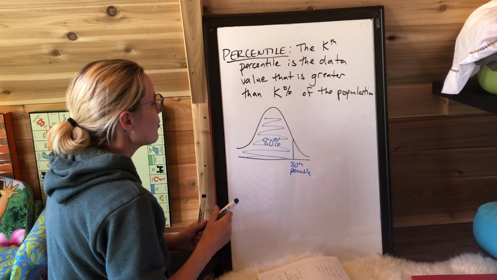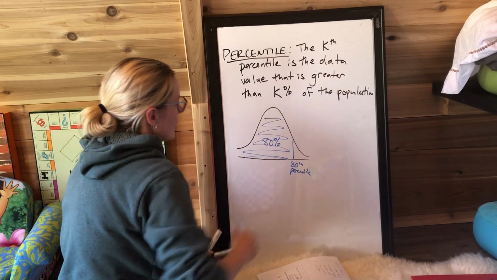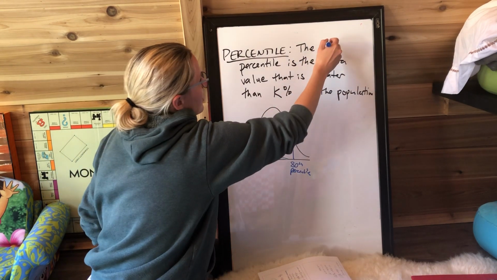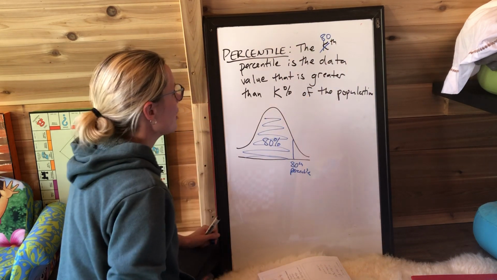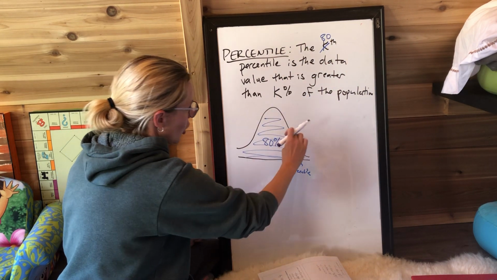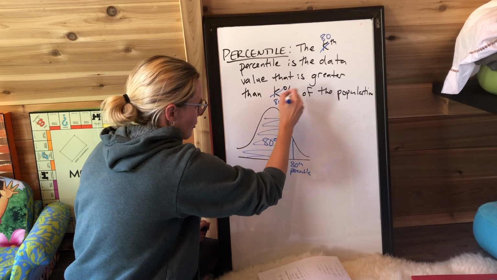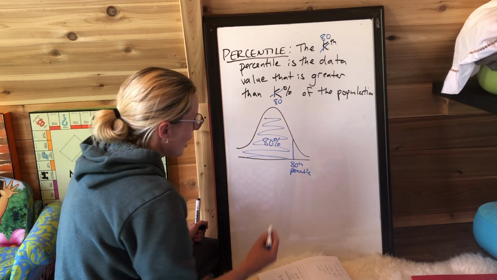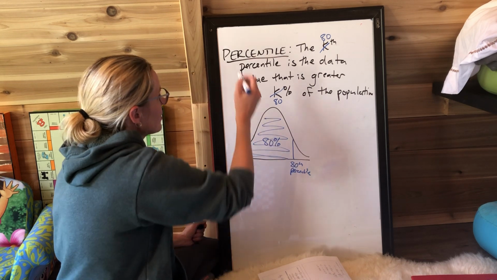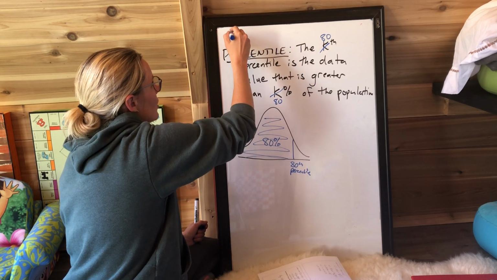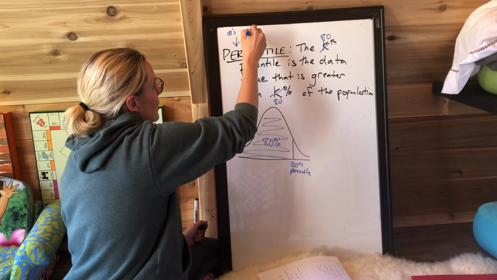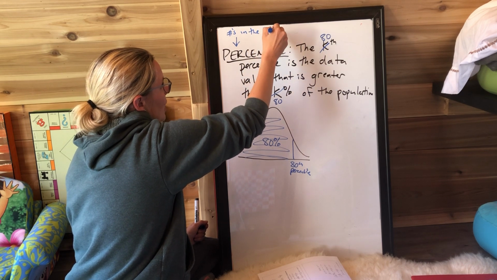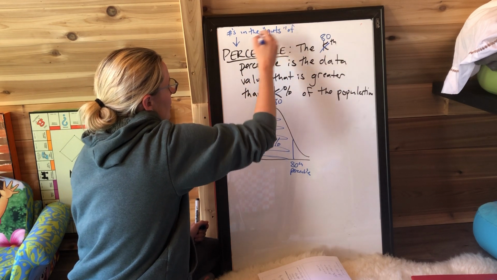Okay, the kth percentile, the 80th in this case, so we're replacing this with 80th. The 80th percentile is the data value that is greater than 80% of the population. You'll notice 80% is below there. Now, when you're talking about percentiles, these are the numbers in what I call the guts of the Z-score table.